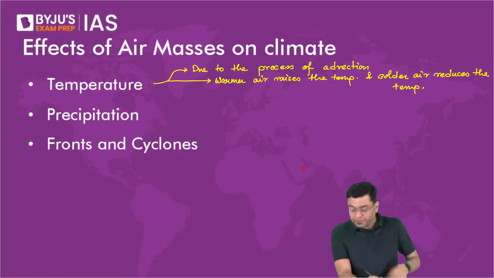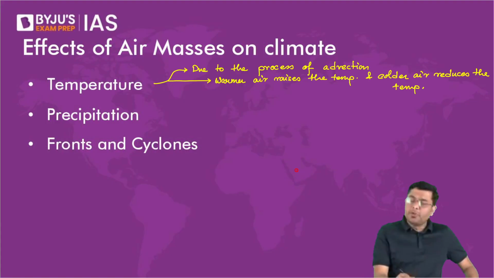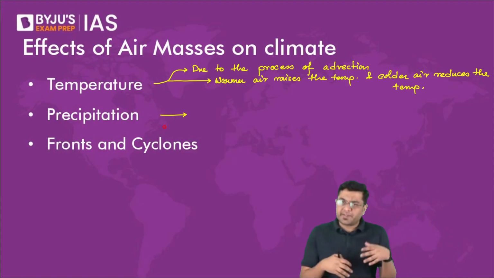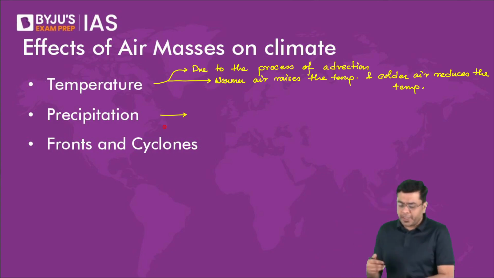Okay, now then we have also the impact of air masses on climate in terms of precipitation. So when we talk about precipitation, either due to frontal formation or even sometimes when you have the maritime air masses coming over to the land area, that will also end up creating precipitation in the process.